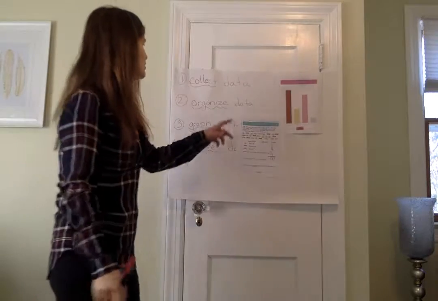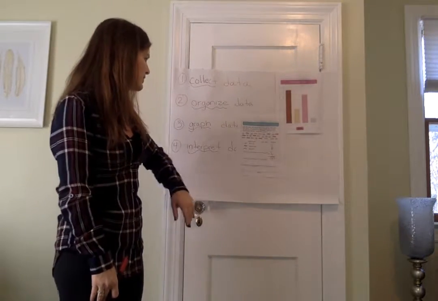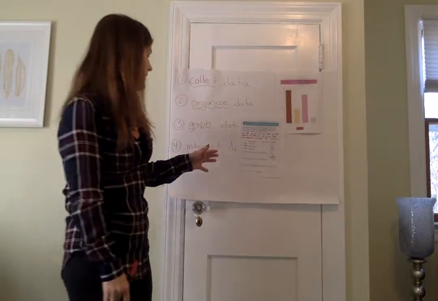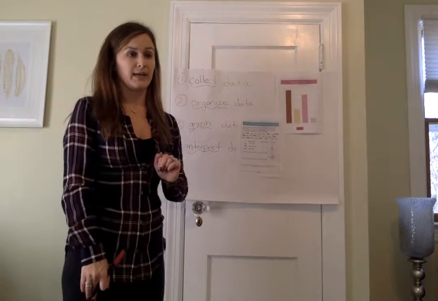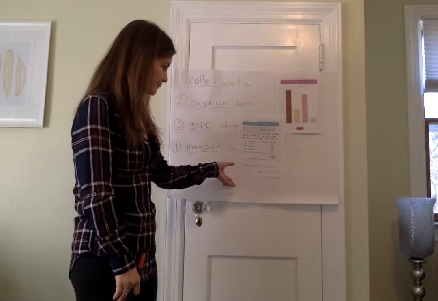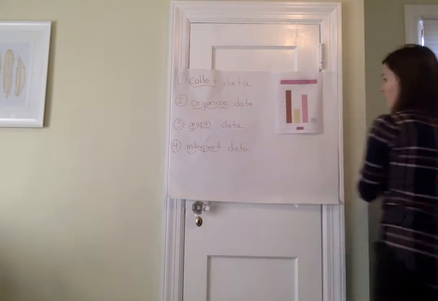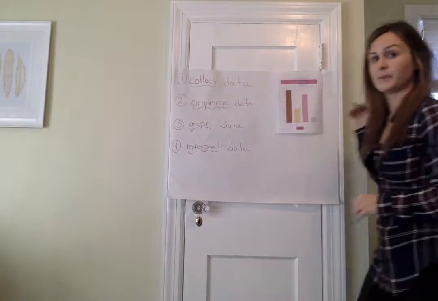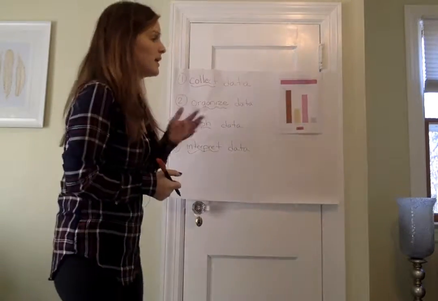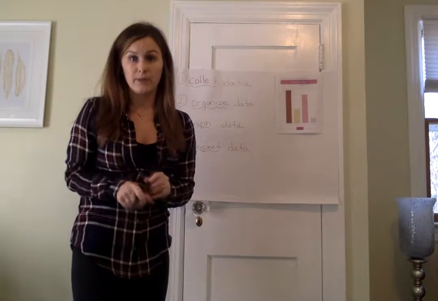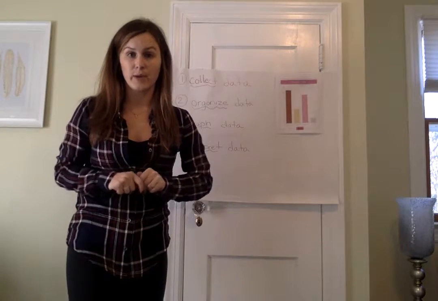Very good. So we collected our data, we organized our data, then we can graph our data, okay? Then after that, we interpret our data. So I'm going to put this to the side. Very good collecting and organizing our data. Now, after that, we would graph our data, but we're going to do graphing with favorite colors, okay?